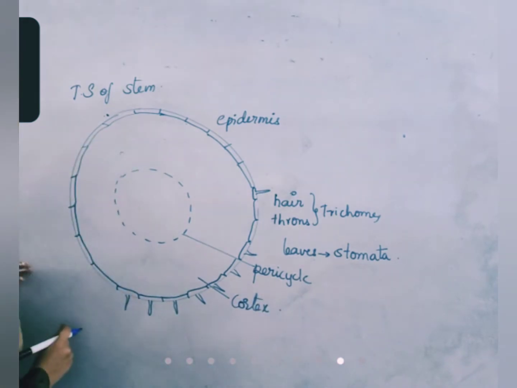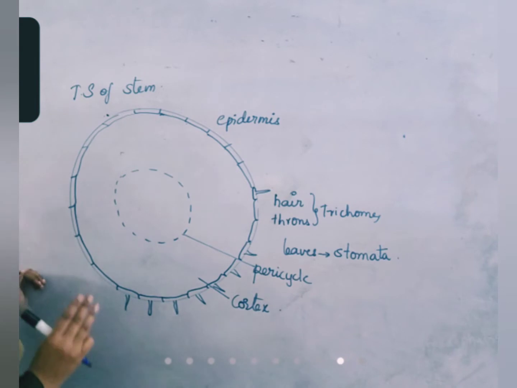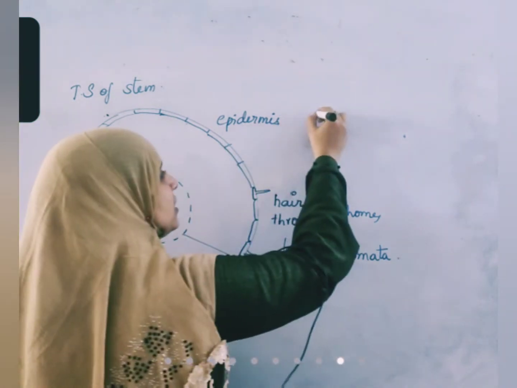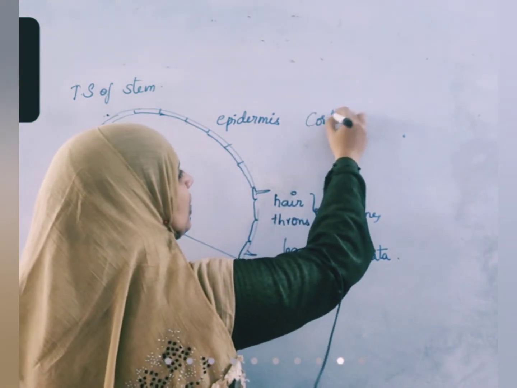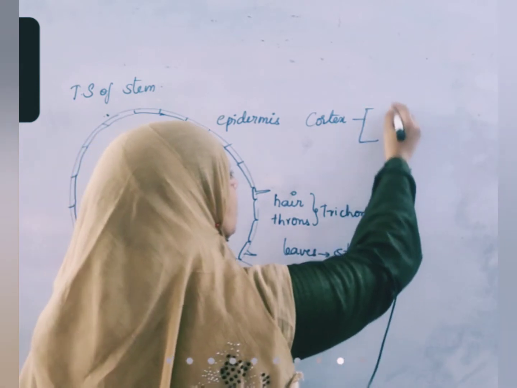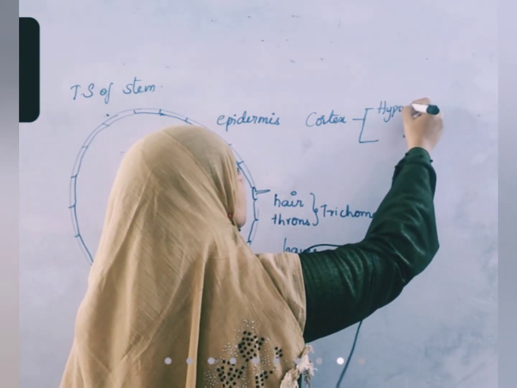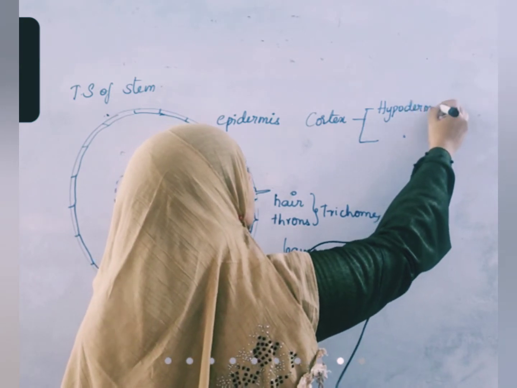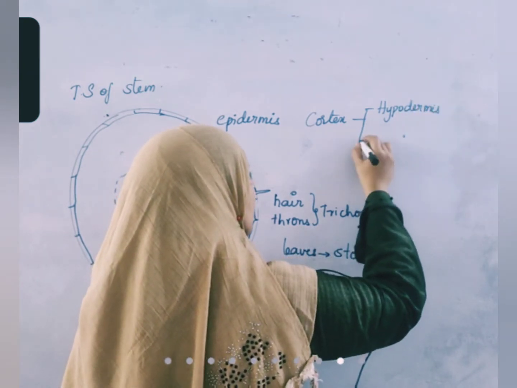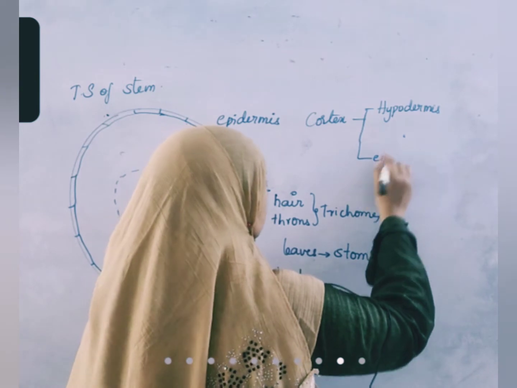And cortex is divided into three layers in case of stem. What are they? First one is hypodermis. Innermost one is endodermis.